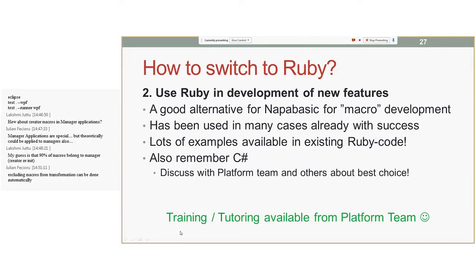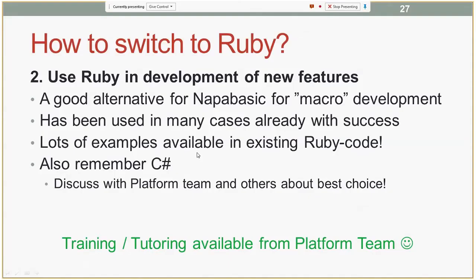Recently, C# has been getting a bit more prominence, like, should we perhaps use C# here as well? But in some cases, C# might not be the best thing. But for many cases where we have been doing new features as a combination of Fortran changes and then some macros, this could be an ideal step forward. And we have so many examples in our transformed code of how to do this.